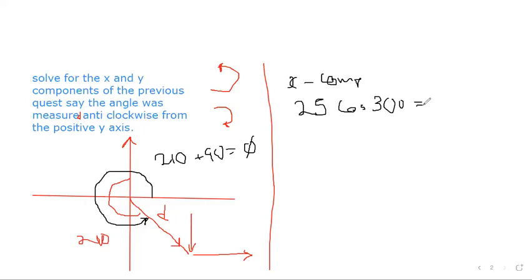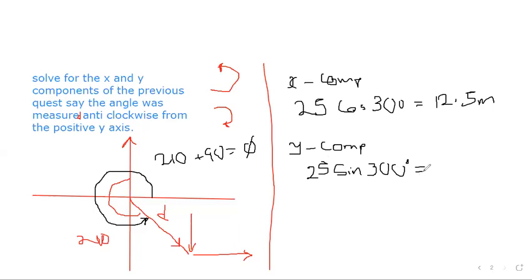What is cos 300 degrees? Cos 300 degrees is going to give us 12.5, and this is going to be meters. For the y component, it's going to be 25 sine the same angle, 300 degrees.